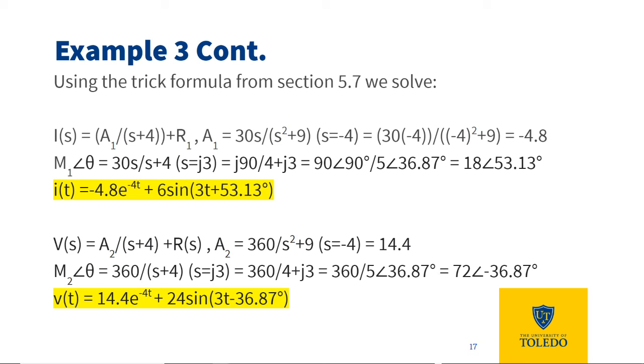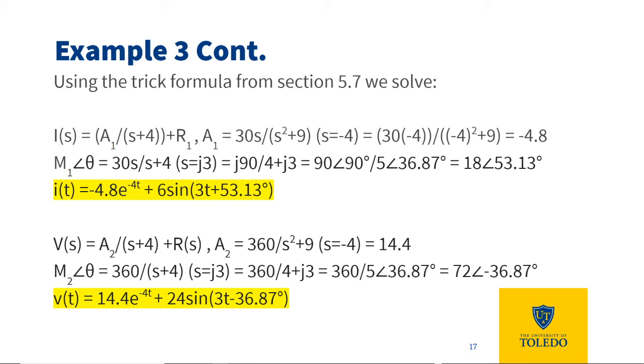This helps us find our I subscript t, or rather I of t, which equals negative 4.8 times e to the negative 4t, summed with 6 sine of 3t plus 53.13 degrees. V of S equals A subscript 2 divided by S plus 4 plus R of S. A2 will come out to equal 14.4.